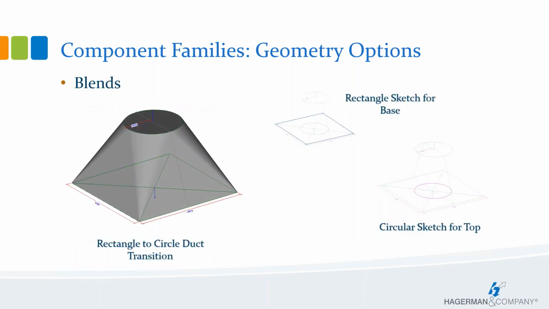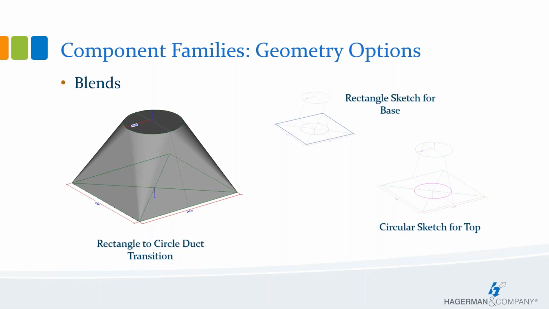Okay, so blends are similar to extrusions because they are also sketch-based. The major difference here is that you can have a different sketch for the base and top. Sometimes this might be useful when you need to connect two totally different shapes, like a rectangular to circular duct transition.